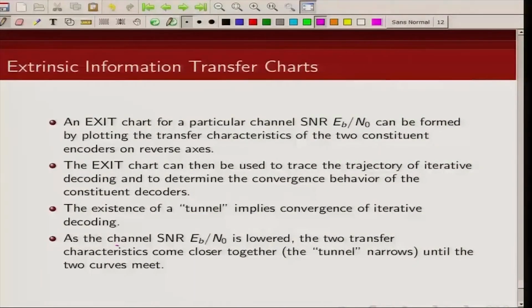Now, what happens if we reduce the channel operating SNR? If we reduce channel operating SNR, then these curves come closer until a point will come when they will barely touch, or they will just touch and cross each other. So, the minimum SNR where there is a tunnel, that is your threshold, decoding threshold.